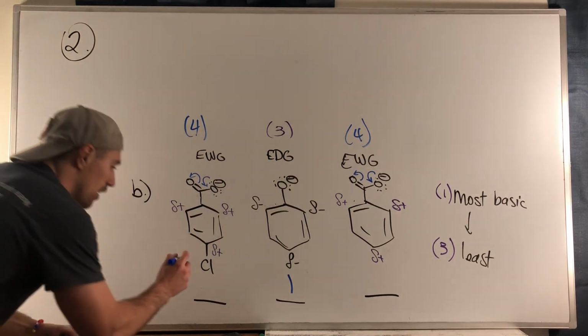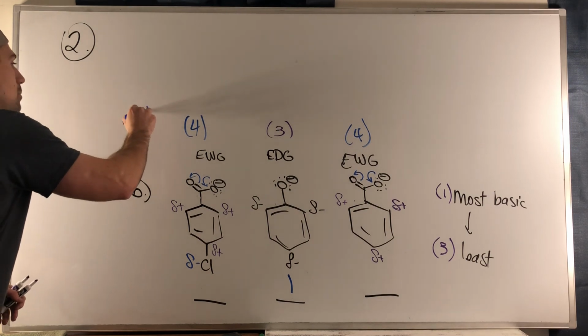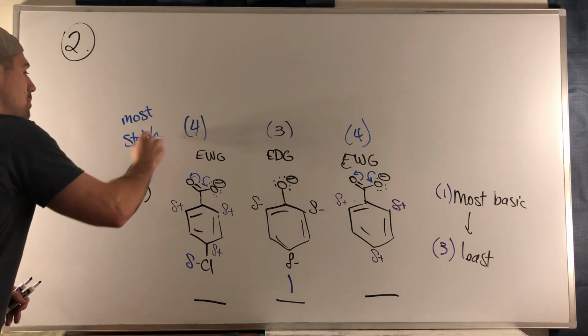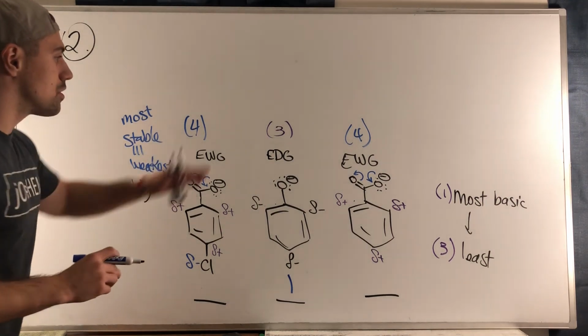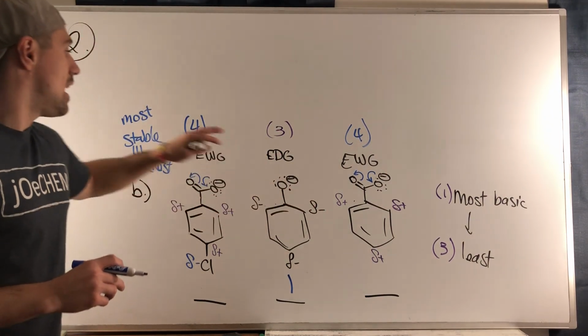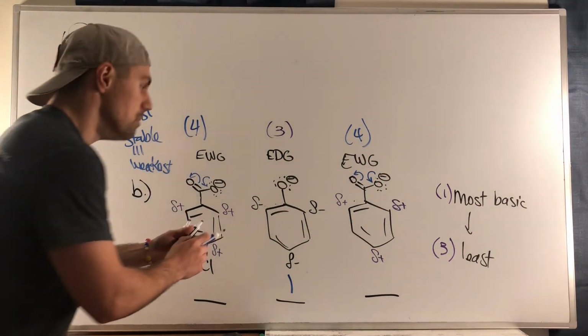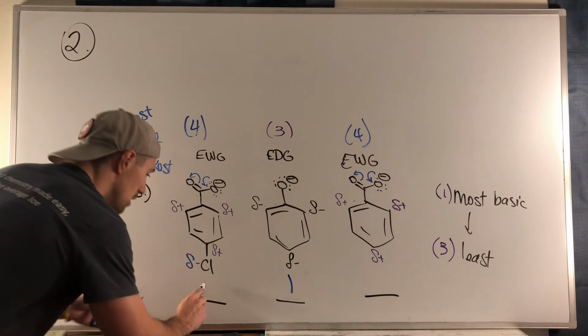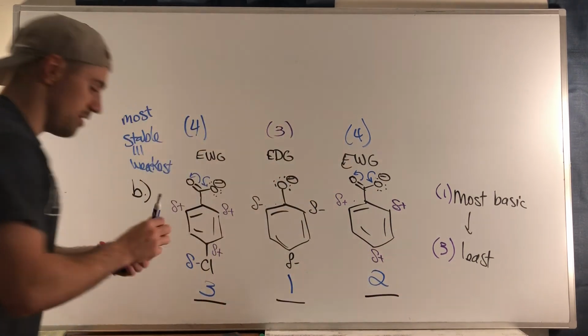So because of this delta minus, delta plus, this is the most stable, which means the weakest base. So we drew the line here because of less resonance, and then we drew the line here because of this chlorine causing some extra stability. So we would have the least basic here, second most basic there.